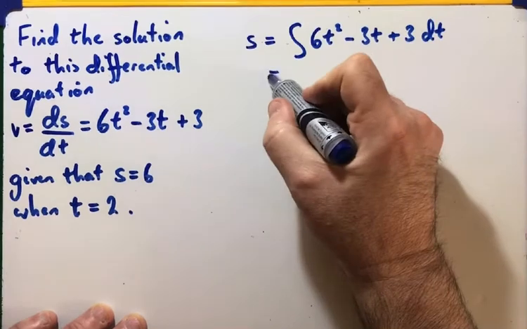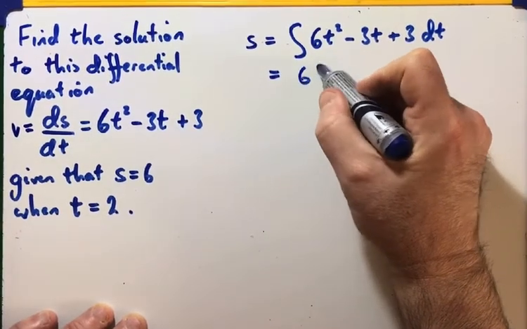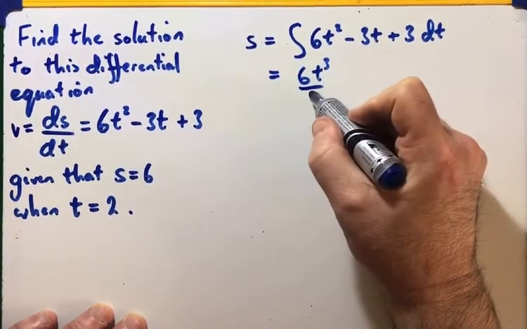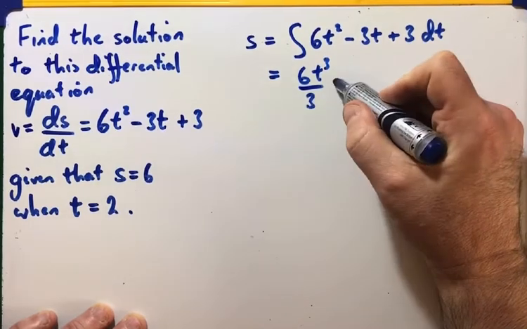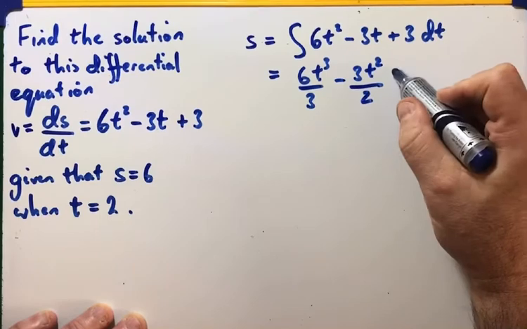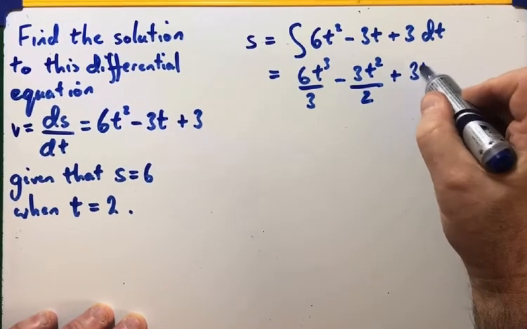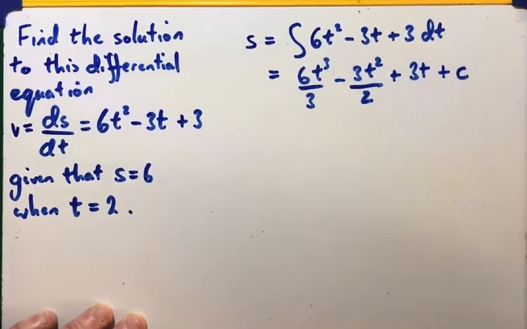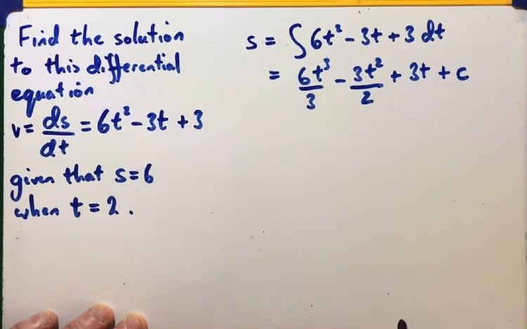So if we integrate that, increase the power by 1, divide by the new power, increase the power by 1, divide by the new power, any number term becomes a t term, and we have this constant to work out.